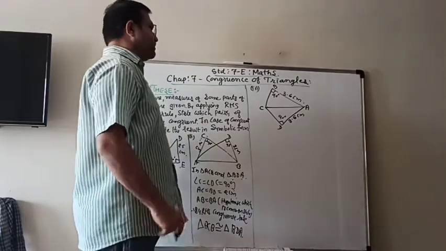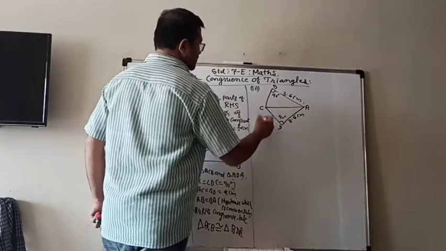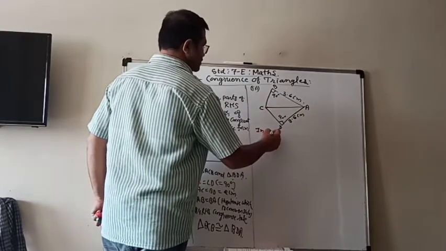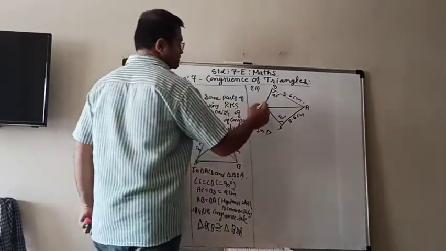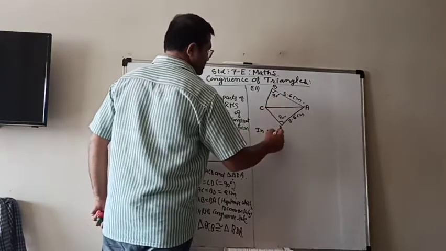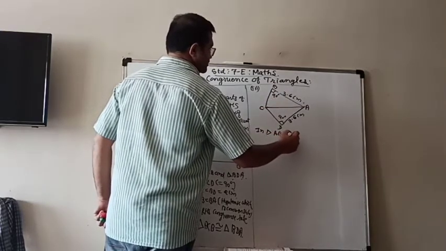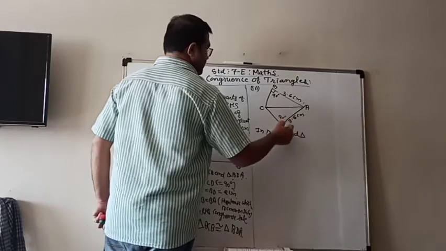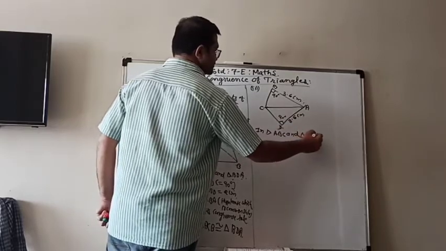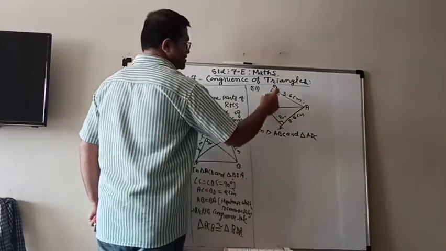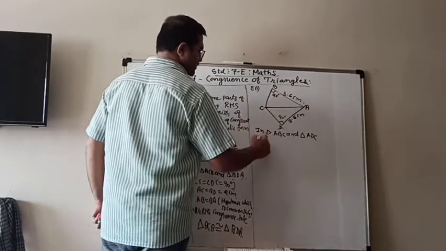Here also you can see that there are two triangles. In triangle ABC and triangle ADC, you can see that angle B and angle D are 90 degree.